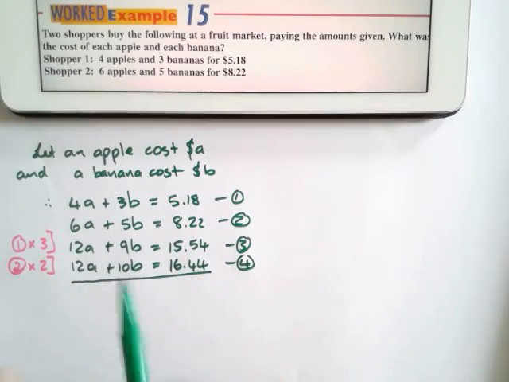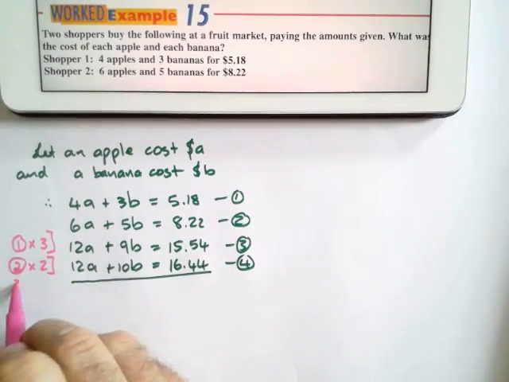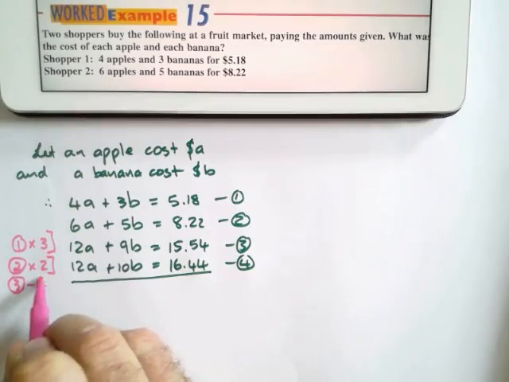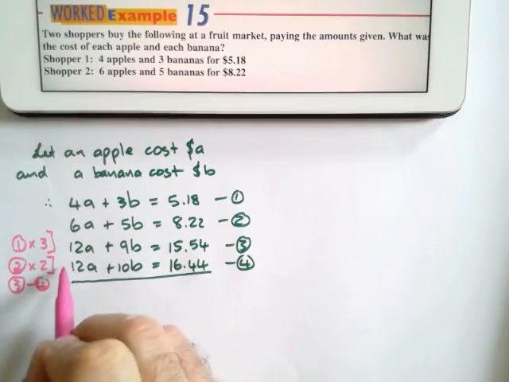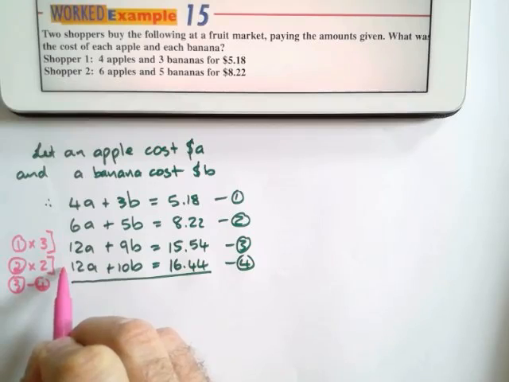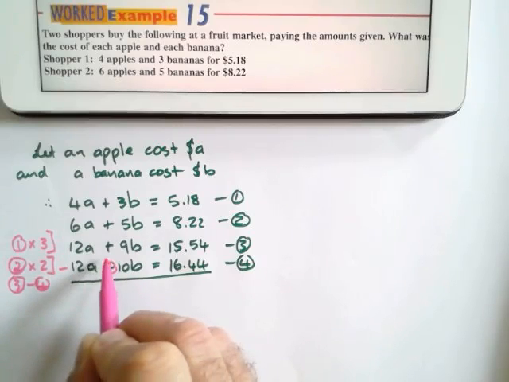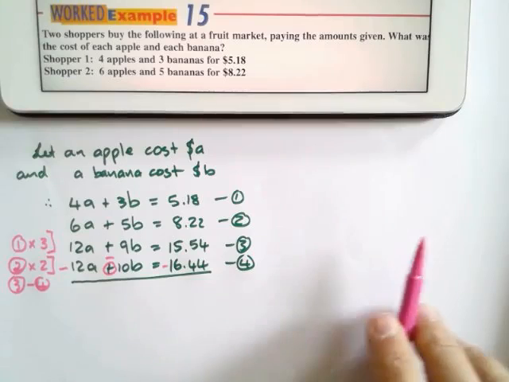To do that, I'll take 3 and subtract 4 from that. If I subtract 4, the signs change. This positive becomes negative, this positive becomes negative, this positive becomes negative.